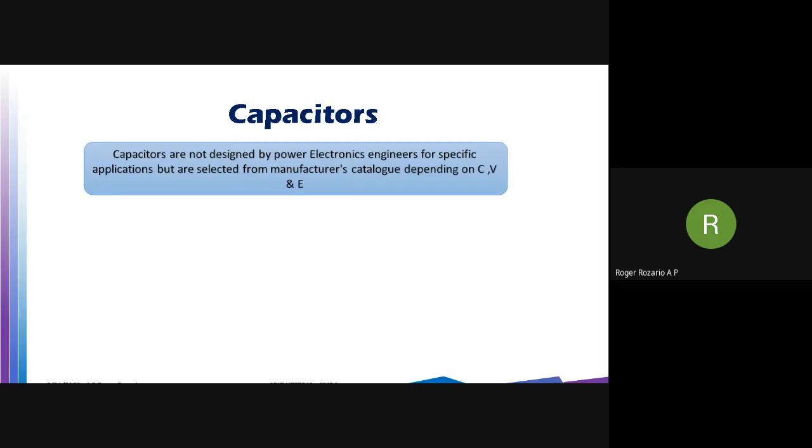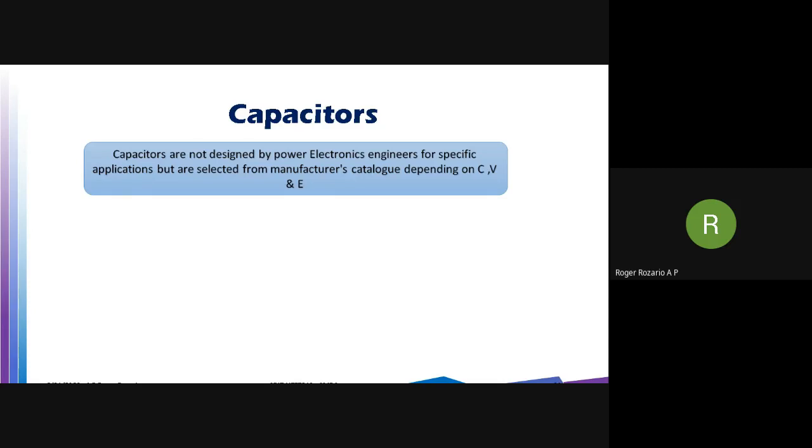What did we discuss so far? We have seen what is a capacitor, what is the use of capacitor: to store charge and smoothen the power flow, turn off dV by dt production, the characteristic equation in differential form and integral form, and we have seen the ampere second balance in the capacitor.